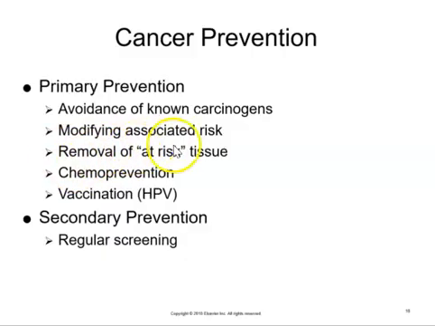Again, I know I've been talking about breast cancer a lot, but this is one example where patients that test genetically positive for certain types of breast cancer may opt to have a prophylactic mastectomy to prevent them from ever developing cancer. Chemoprevention, that is drugs or other substances that target cancer cells and disrupt the replication process. And vaccination would be like for HPV.